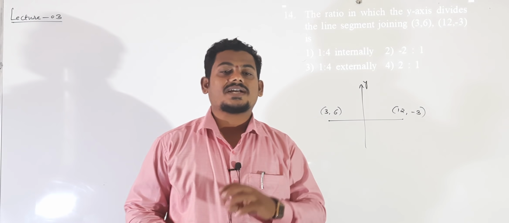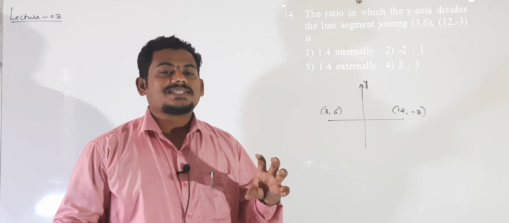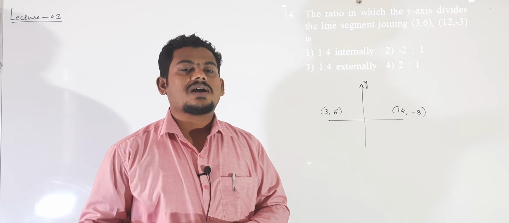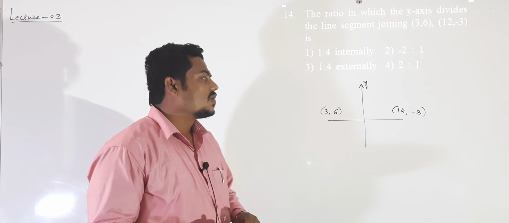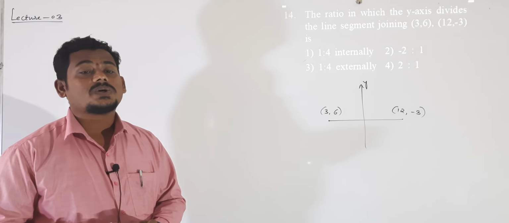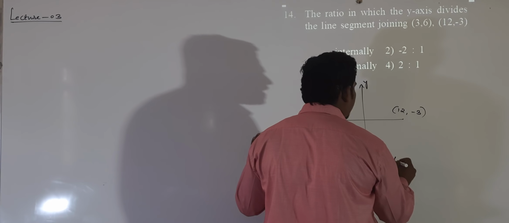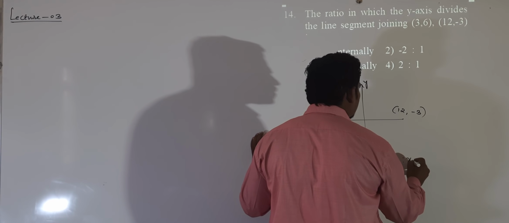Already we have one shortcut formula. Y-axis divides line joining x1, y1 and x2, y2 in the ratio of minus x1 is to x2. We have one point in synopsis, minus x1 is to x2.